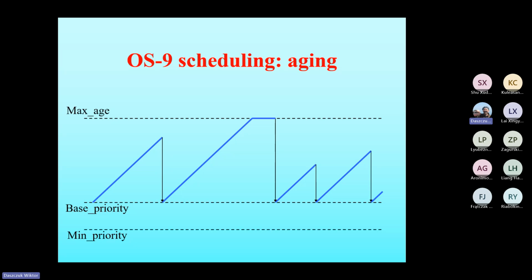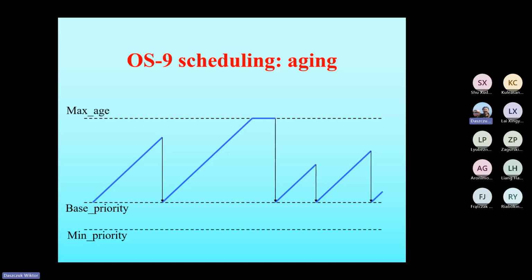When the given process does not get a processor, the priority rises from the base priority, and it rises until the process gets the processor. And here the priority is suppressed back down to the base priority.